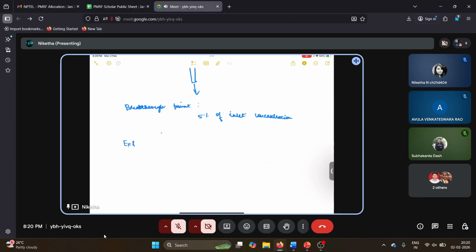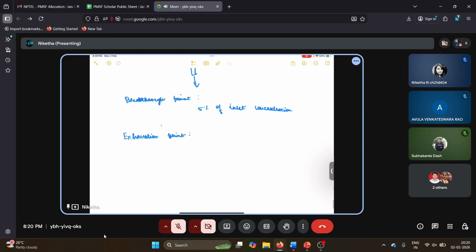And then we have the exhaustion point. Here the effluent concentration equals 90 to 95% of the initial concentration.